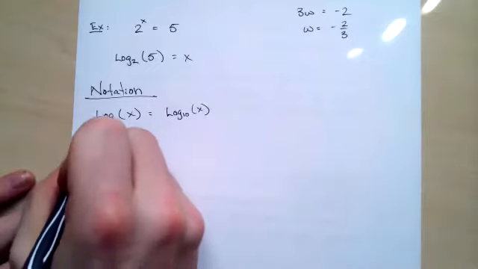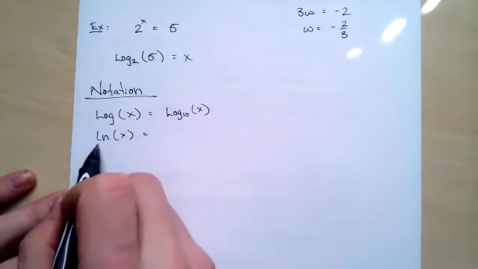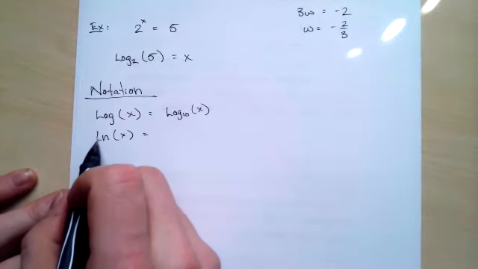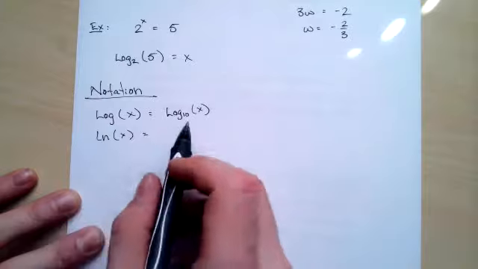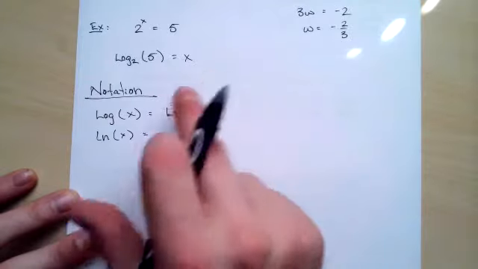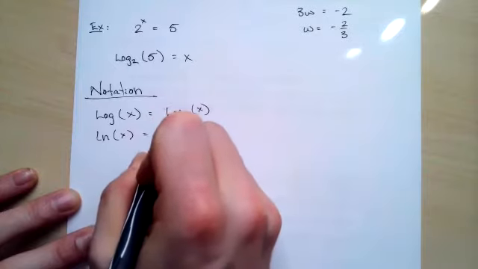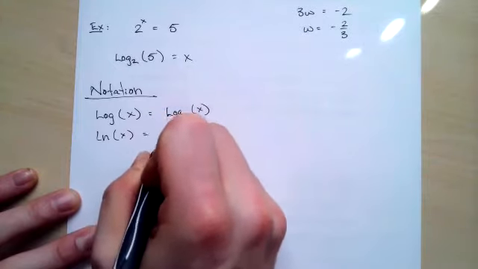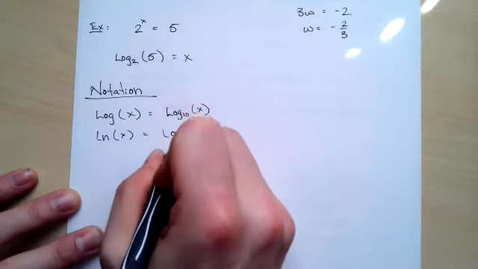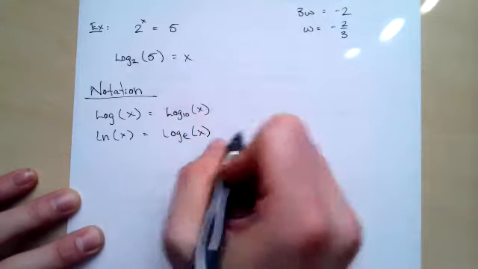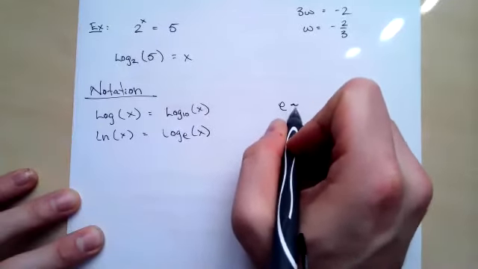If we see ln of x, we read it as natural log, and I think some places read it as "lan x." I think Canada does that, maybe Great Britain as well. It's called natural log. So if you want to say natural log or lan, it is the log base e, where e, I don't think I wrote this.